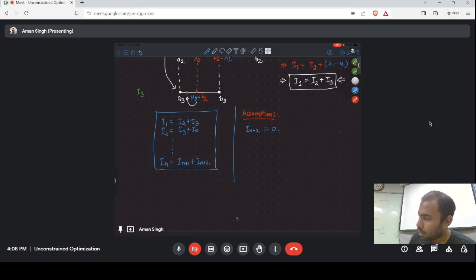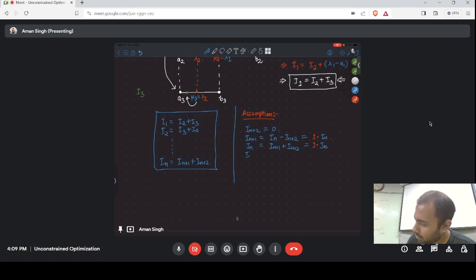Because of this assumption, let's see what happens to the other lengths of the intervals. So what will In plus 1 become if In plus 2 is 0? So In plus 1 is equal to In minus In plus 2, so it is actually 1 times In. So basically In plus 1 is the same as In. Now what is In? It is In plus 1 plus In plus 2, which will also be the same as In.